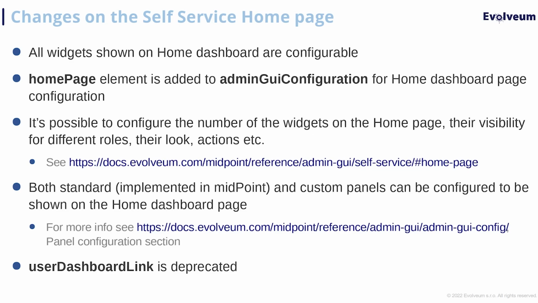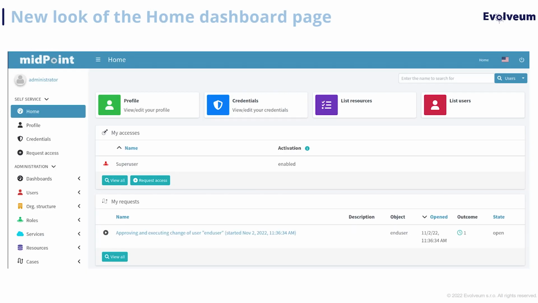So there's a new homepage element that can be added to the admin GUI configuration, and all the configuration is done there. You can configure the number of widgets, the visibility, and so on. Both standard panels, which means implemented in midPoint, and also custom panels can be configured to be visible on that home dashboard page. The previous way of configuring it is deprecated, of course. This is how it can look.